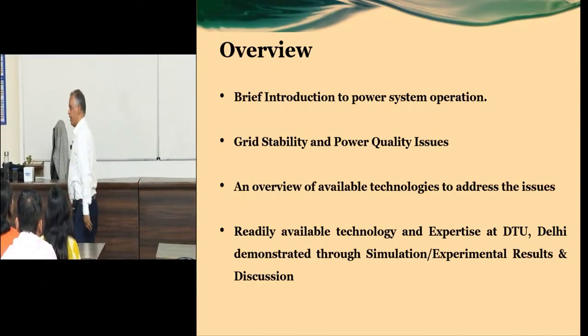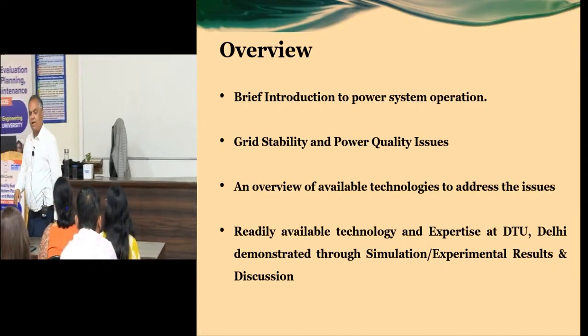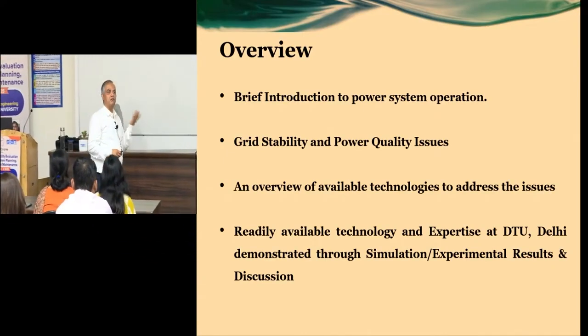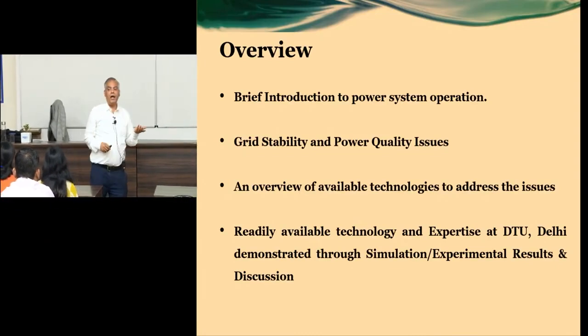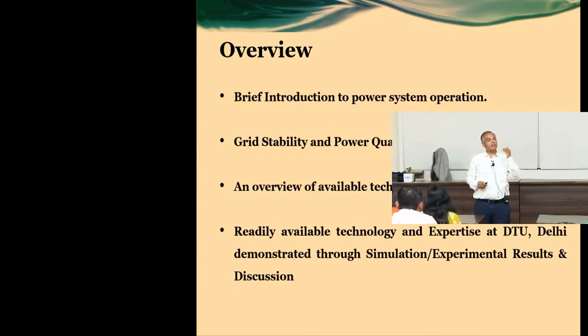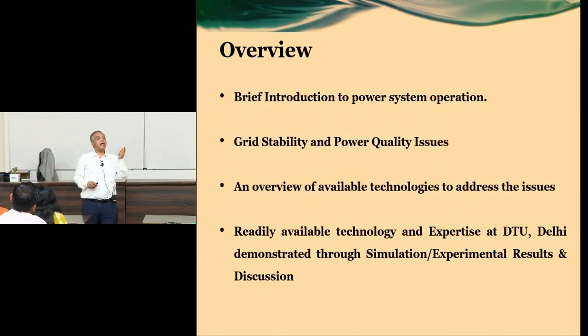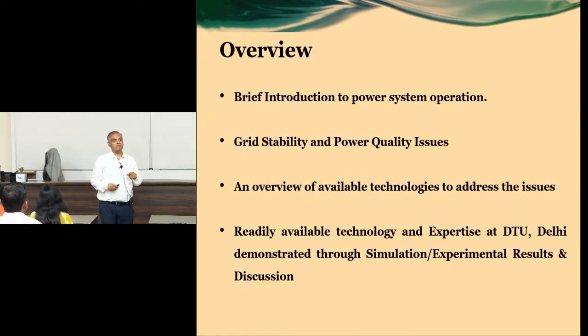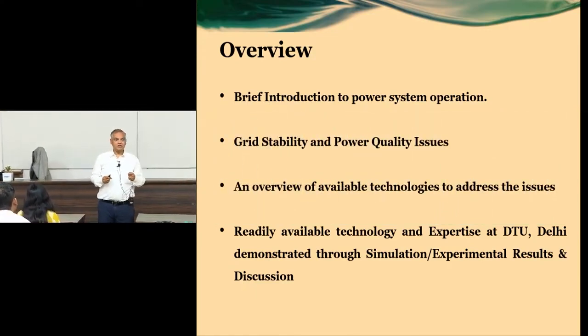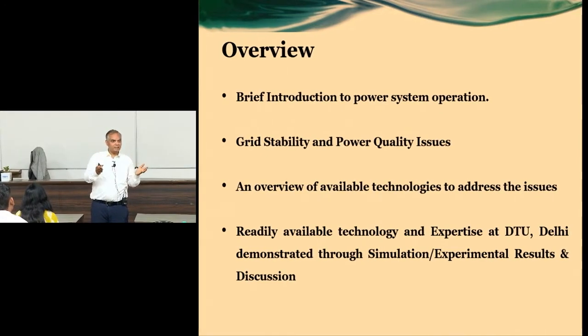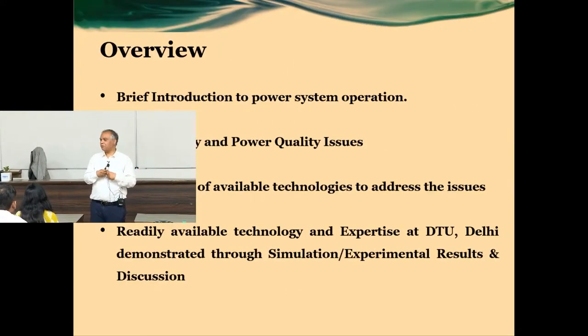But in actual way, what is happening? The mismatch is happening in a routine manner, because load is always fluctuating in nature, and to match that fluctuating load, you have to keep on varying your generation. But as I have told, most of the generators are based on a prime mover. The electrical load is electrical in nature, but the generation is electromechanical.